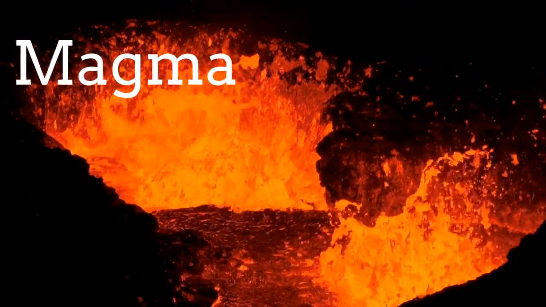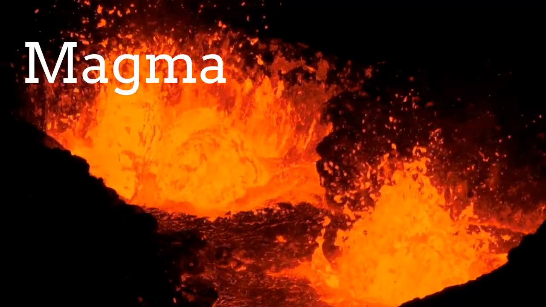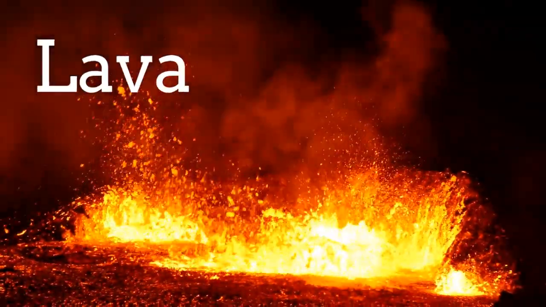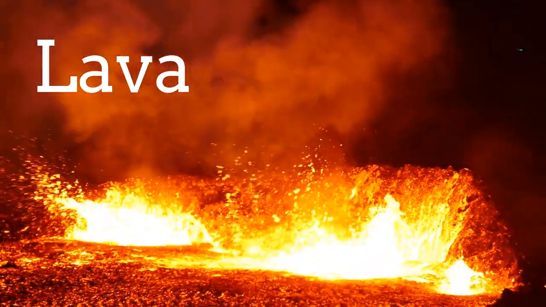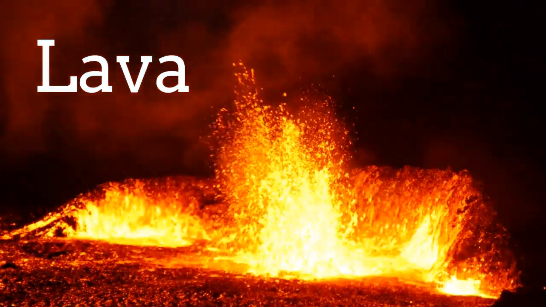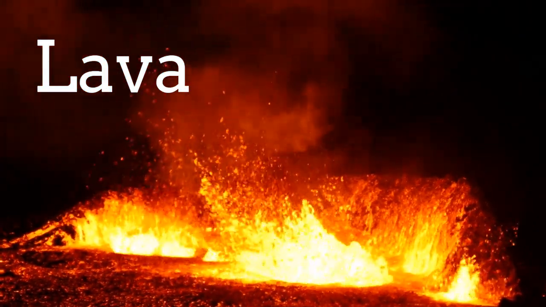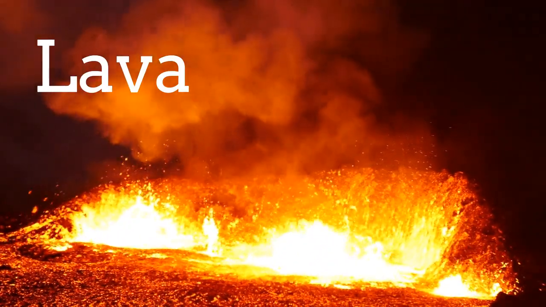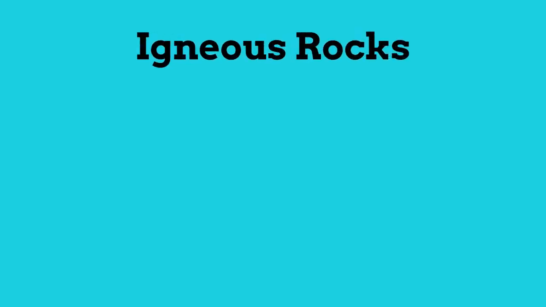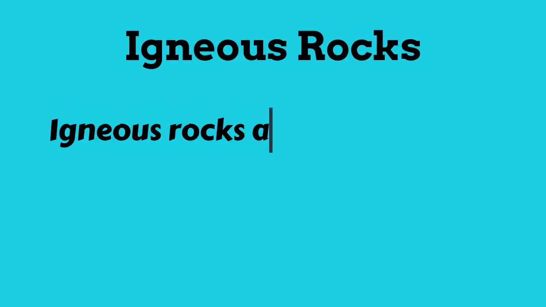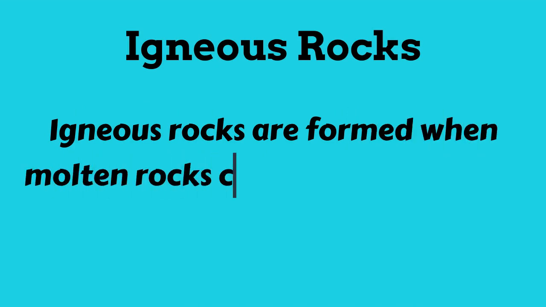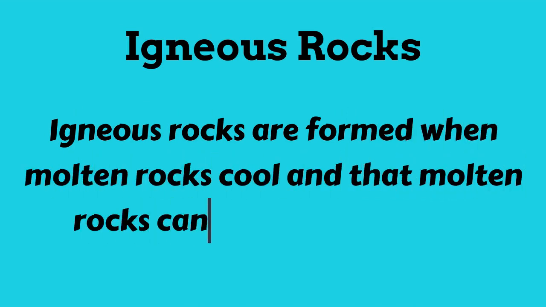Inside of the earth, the molten rock is called magma, and when it comes out from inside the earth, it is called lava. So lava is molten rock too, and that is no longer inside of the earth. Igneous rocks are formed when molten rock cools, and that molten rock can be magma or lava.